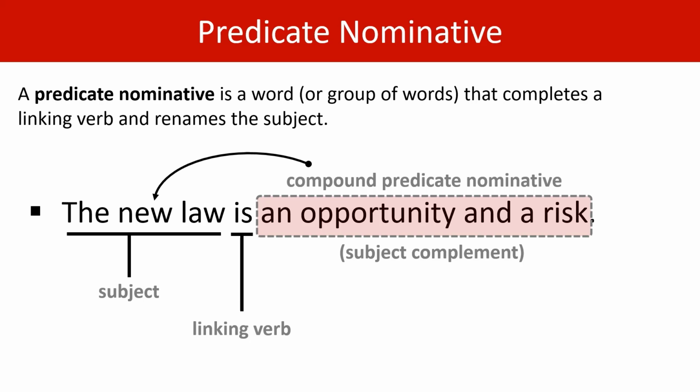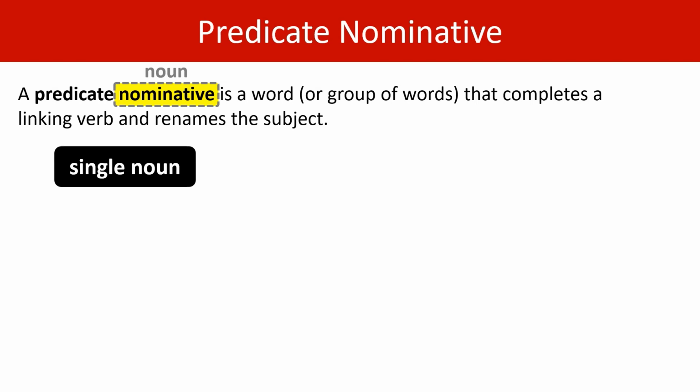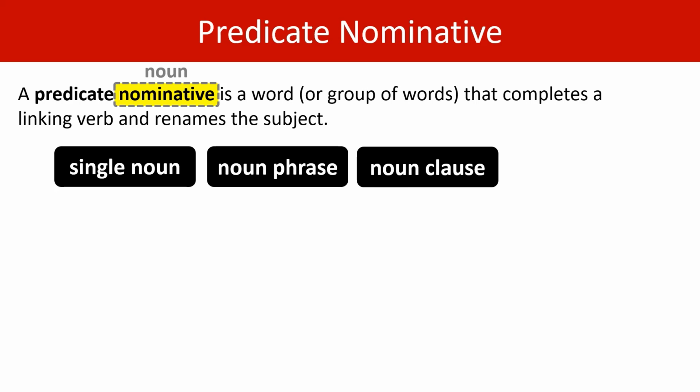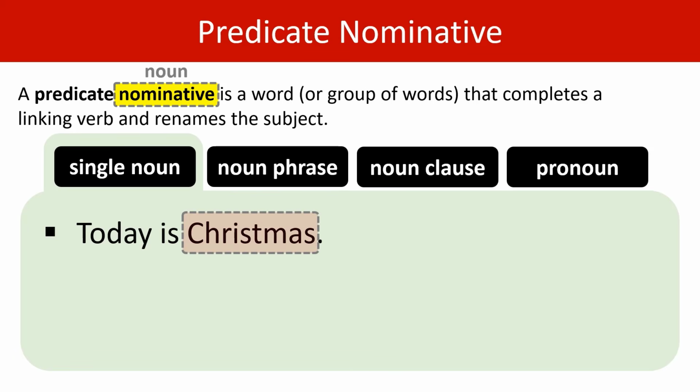I want to talk a little bit more about the word nominative. Remember, we've said it's something that functions as a noun. Well, that can be a single noun, a noun phrase, a noun clause, or a pronoun. Let's look at a predicate nominative that is a single noun. Today is Christmas. Well, this completes the linking verb is. That means it's a predicate nominative and it's a single word.